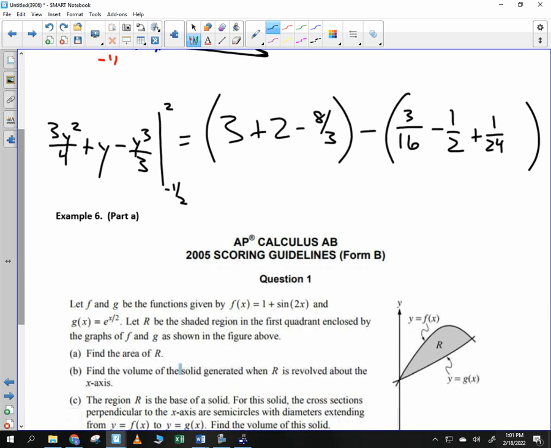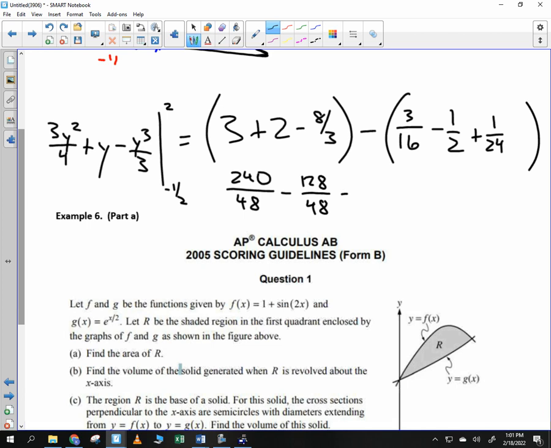Common denominator, I'm going 48. Anybody else? 48, okay. So 3 plus 2 is 5. If we turn that into 48ths, 240. Minus 48, so we got 16. 8 times 16, 128. Most people would get out their calculator by this point.